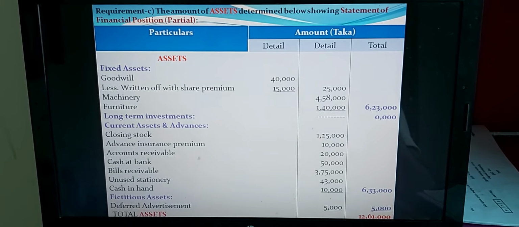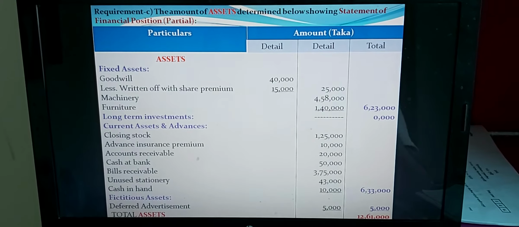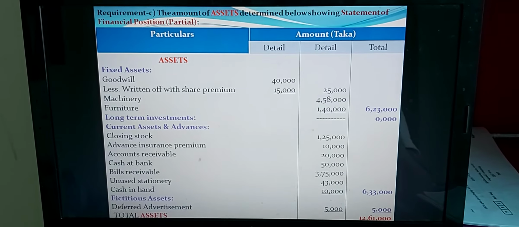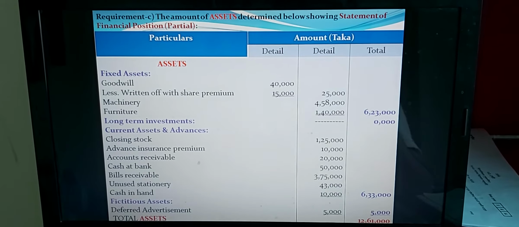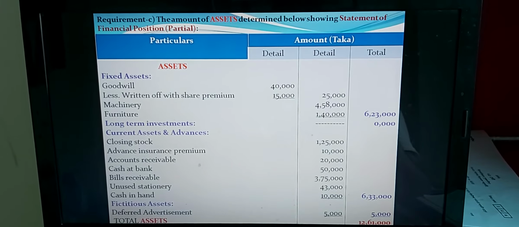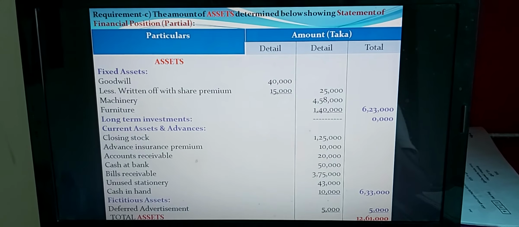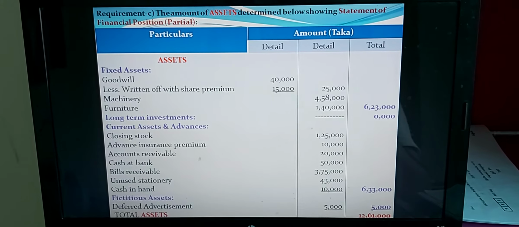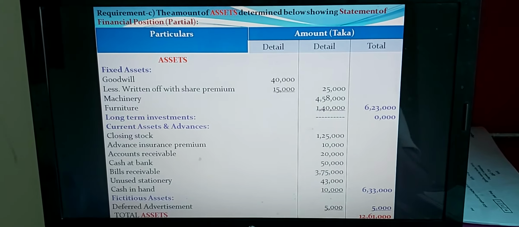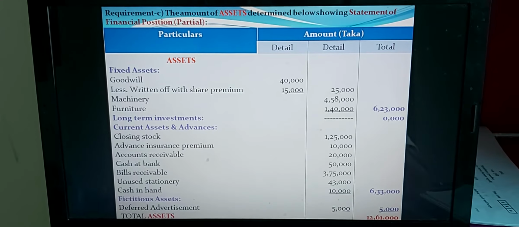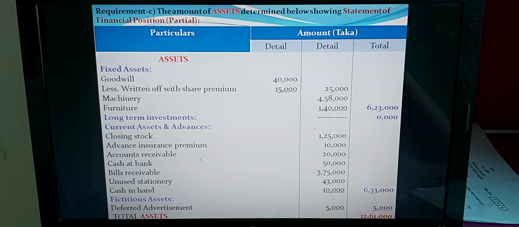Cash at bank taka 50,000 from trial balance, bills receivable taka 3,75,000, it is also from trial balance, unused stationery taka 43,000 from trial balance, cash in hand taka 10,000 from trial balance. In this method, total of current assets and advances taka 6,33,000 to be shown in outer column.